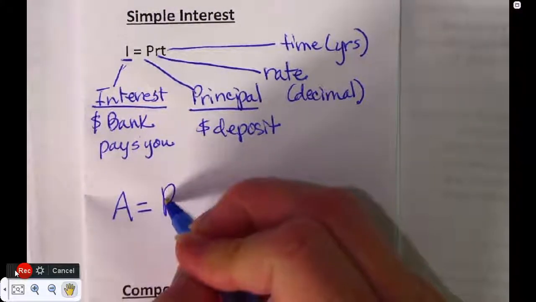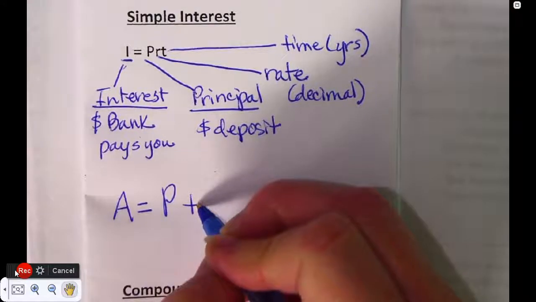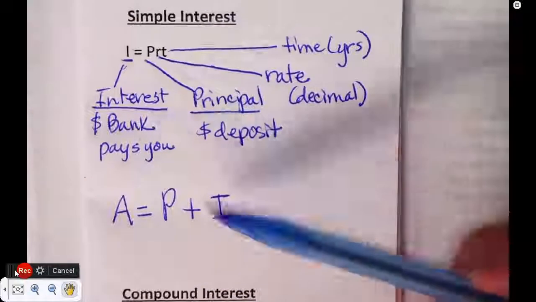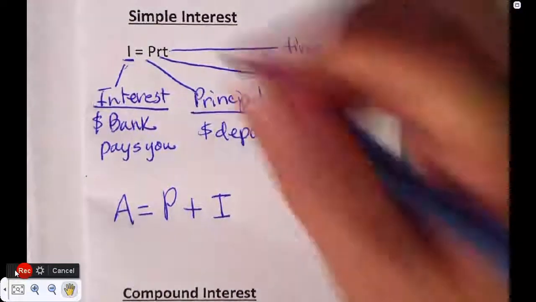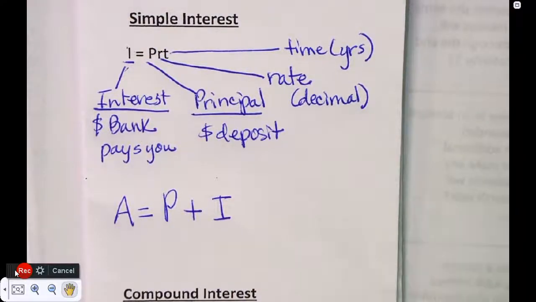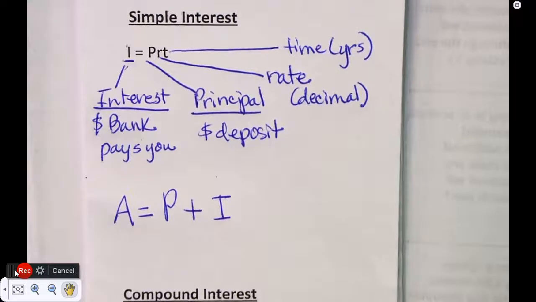The principal that you deposited, right? Plus what's the bank going to add? The interest that you earned. That's going to be your I. That's going to be what's in the account.